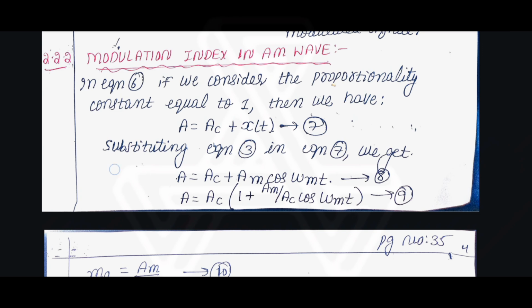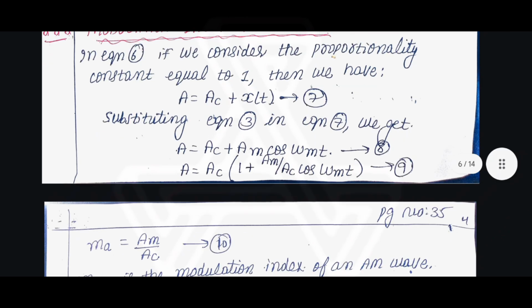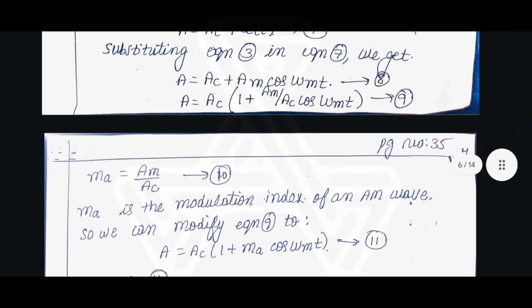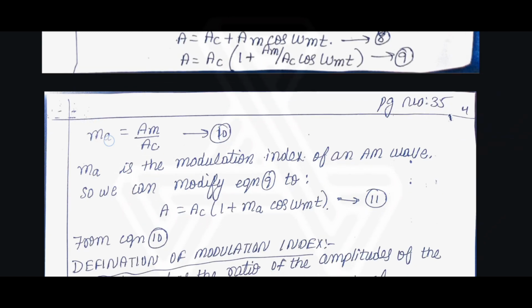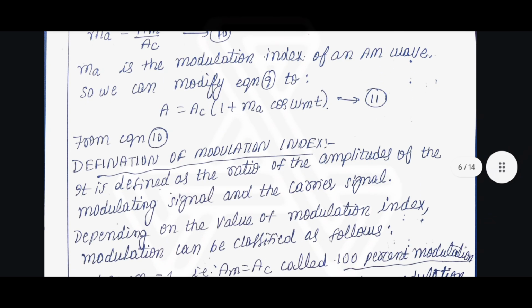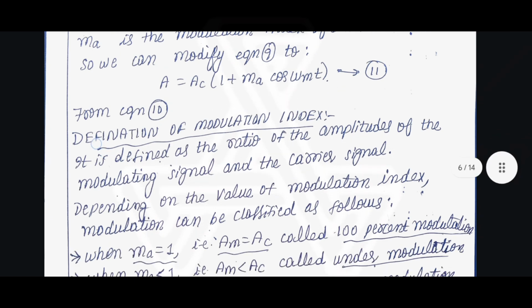Substituting equation 3 in equation 7, we get A is equal to Ac plus Am cos omega mt. A is equal to Ac into 1 plus Am by Ac cos omega mt. That is, Ma is equal to Am by Ac. Ma is the modulation index of an AM wave. So we can modify equation 9 as A is equal to Ac into 1 plus Ma cos omega mt.